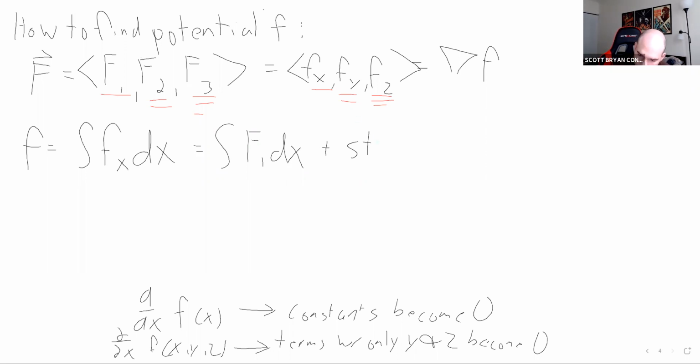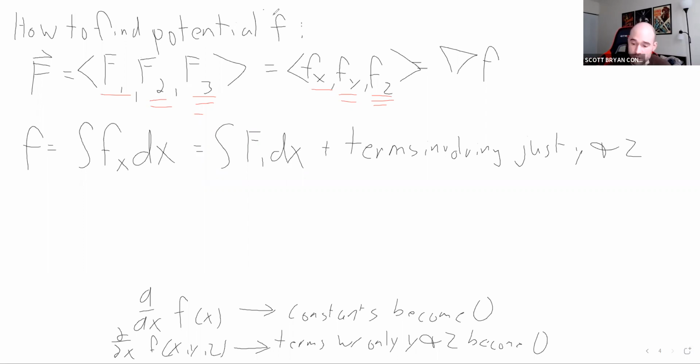So let me say, if you want to find anything involving x, you're going to get that by integrating with respect to x. But we're unsure of stuff that involves just y and z.